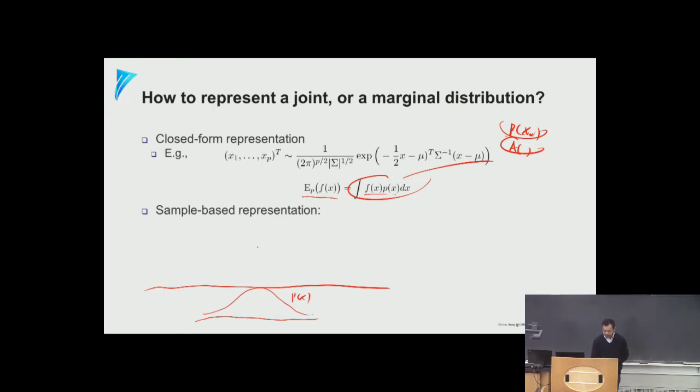But what if you have a rather annoying distribution, multimodal like this? Such distributions exist, right? A mixture model could give you a density like this. What could be another way to do it?